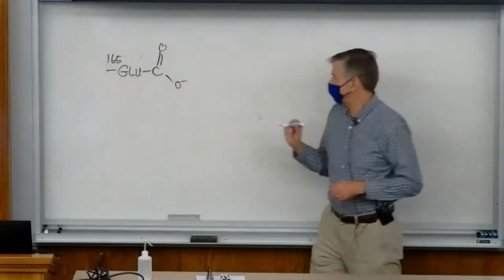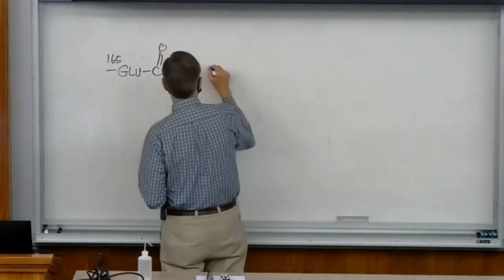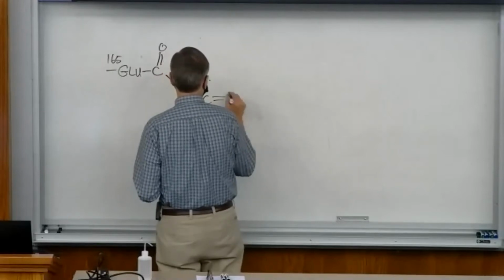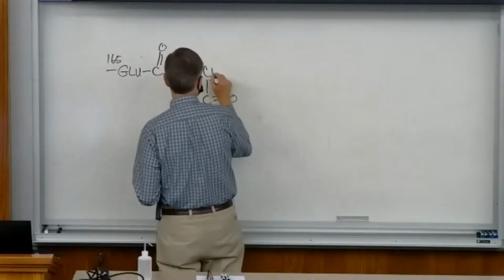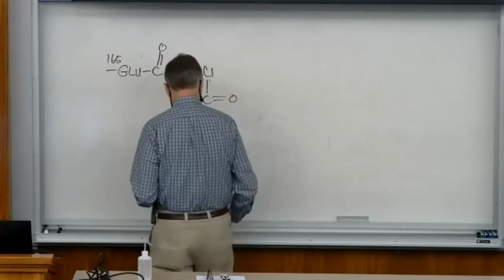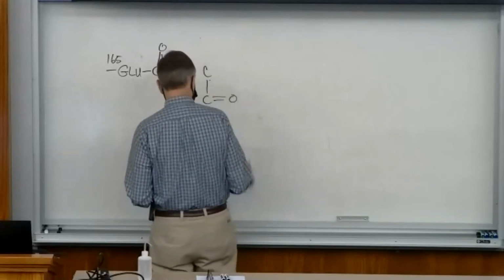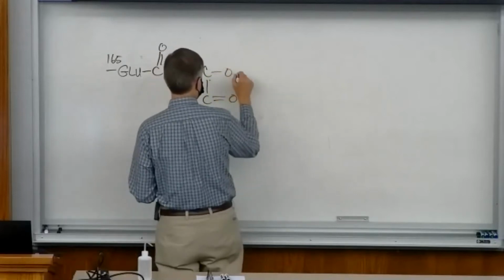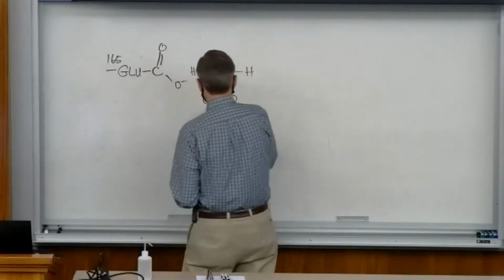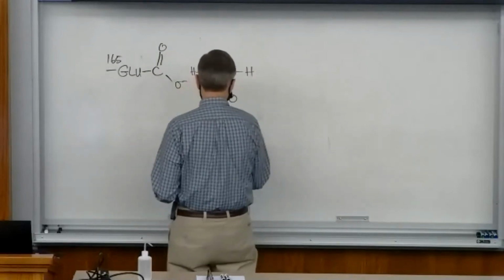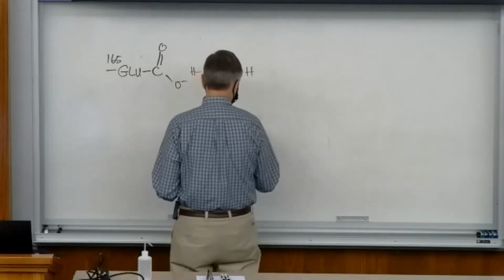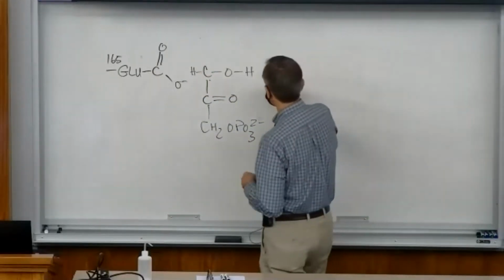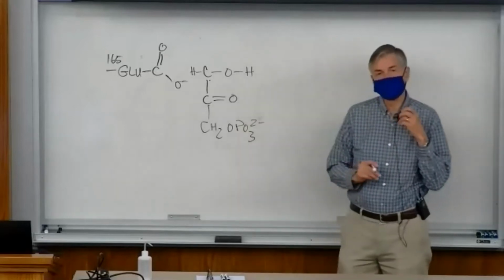The substrate here is going to be our dihydroxyacetone phosphate. So the phosphate is here on the 3 carbon. Over here, there is a protonated base.